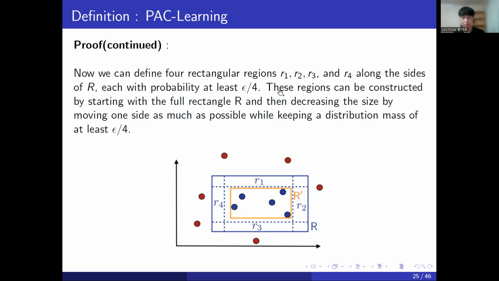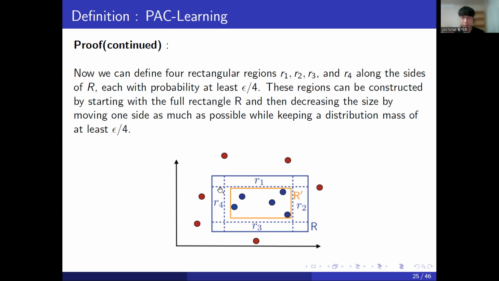These regions can be constructed by starting with the full rectangle R and then decreasing its size by moving one side as much as possible while keeping a distribution mass of at least epsilon over 4. If you do not understand my words, then see this figure. What I wanted to say is we can set 4 regions like this, R1 to R4, such that the probability over distribution D of falling under such a strip is not more than epsilon over 4.